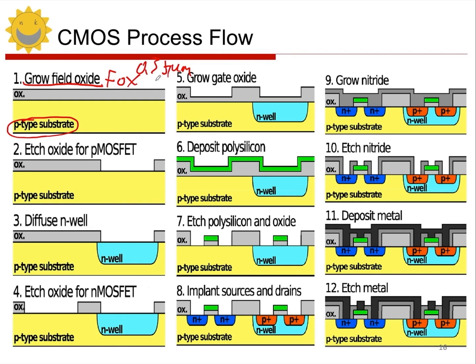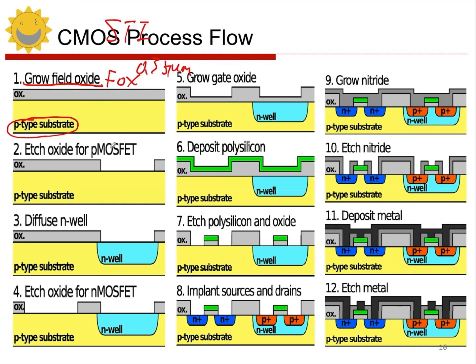For processes below 0.35 microns, which is currently the deep sub-micron process, we use STI isolation instead of field oxide. STI stands for shallow trench isolation. Essentially, this involves digging a trench in the areas where there is no oxide, filling that trench with oxide, and then using chemical-mechanical polishing to flatten the surface.